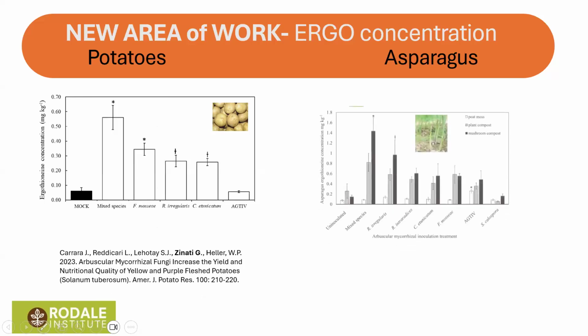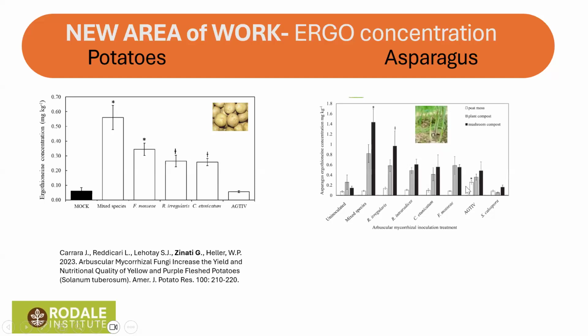The other experiment here is about asparagus. You would see also ergothioneine on the y-axis, and on the x-axis, again, uninoculated, which means the mock, and then the mixed species like we did in the potato, and the other species of mycorrhiza. Again, we use 3 different types of medium here, and the white bar represents peat moss.